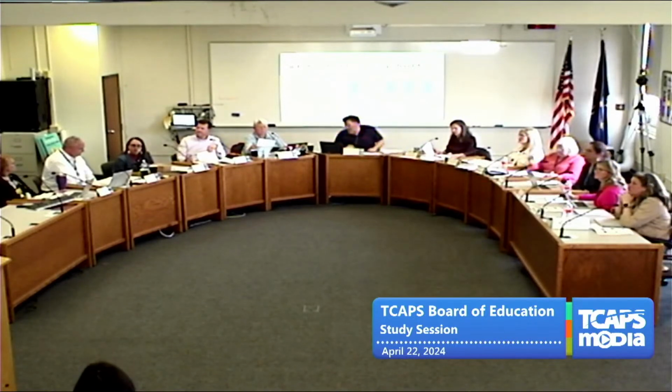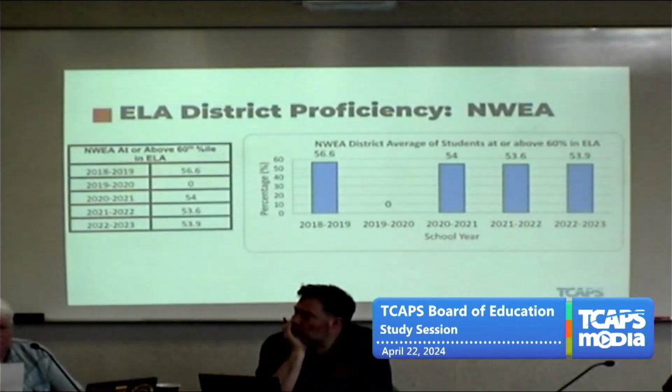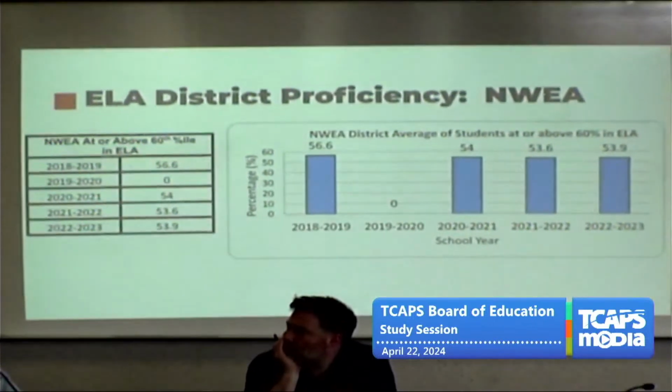So then moving on to English language arts proficiency, similarly. Overall, our reading proficiency is stronger than math on NWEA and on M-STEP. But we're seeing similar trends when we're looking at data year over year. So a dip after the COVID years. And then for the most part, it's either flatlined or maybe gone up just a little bit.